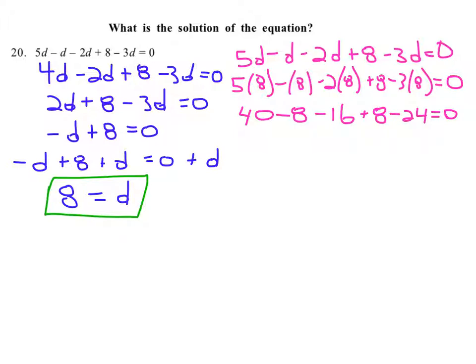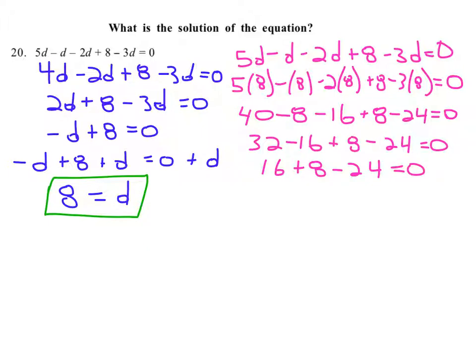Okay, and then moving from the left to the right, I'm going to do this one step at a time. 40 minus 8, 32, minus 16, plus 8, minus 24, equals 0. 32 minus 16, 16, plus 8, minus 24, equals 0. 16 plus 8 is 24, minus 24 equals 0. 24 minus 24 equals 0, so we get 0 equals 0, and that is what we were hoping for. Check.